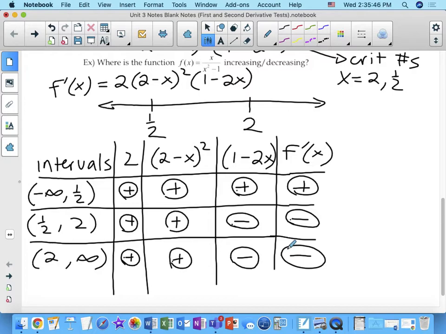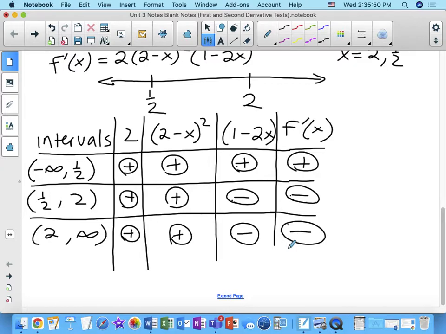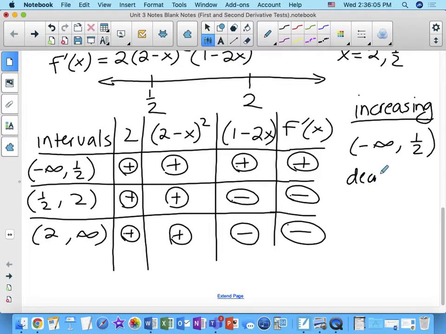So where does the function increase? It's going to increase here. It's going to decrease from 1/2 all the way to infinity.